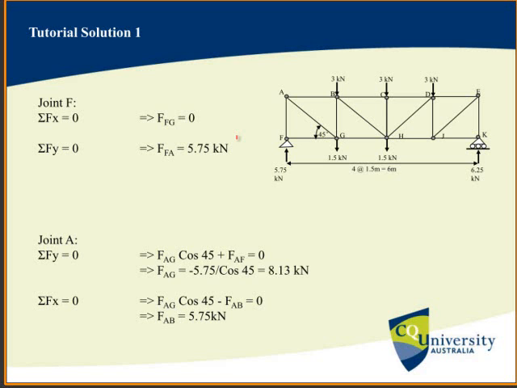First consider each joint. We can start from joint F. Just draw a free body diagram for joint F. This is the free body diagram of joint F. We have to consider the force for this member FA, this horizontal member FG, and the external force 5.75 kilonewton.